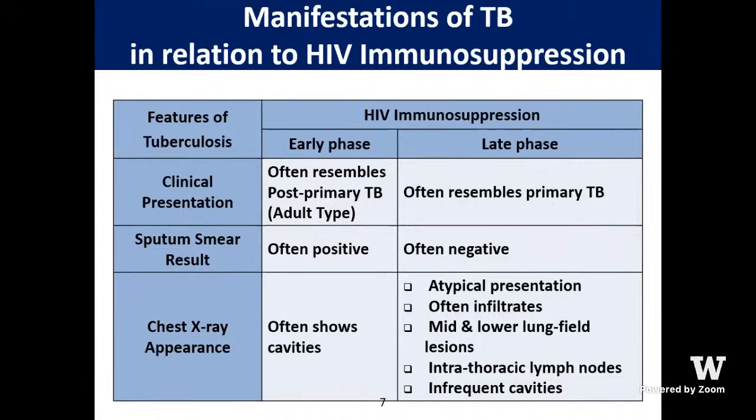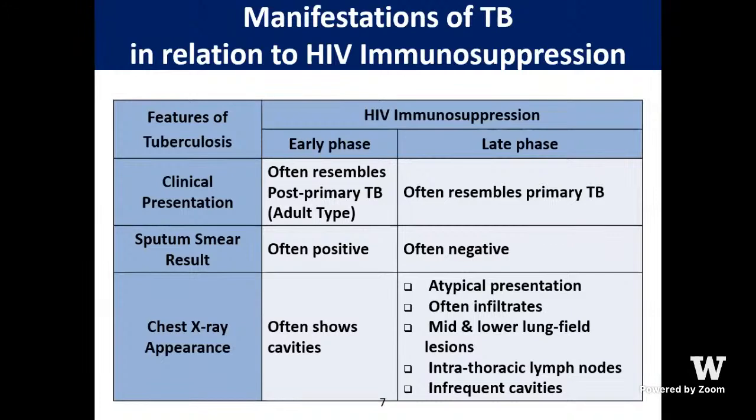So what does this slide show? The clinical presentation is varying. In the early phase of the disease, when the CD4 is very high and immunity is intact, patients often come with post-primary adult type TB, with apical infection and cavity formation.